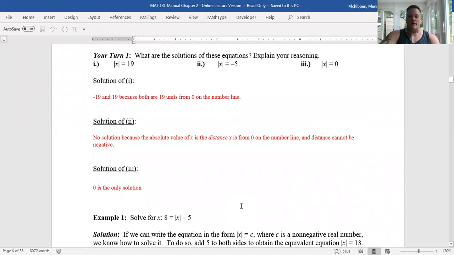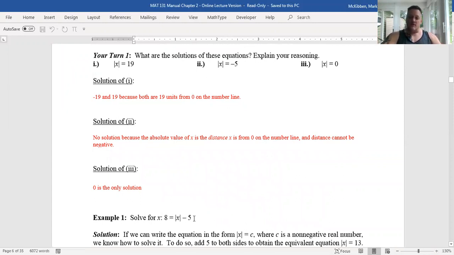For example 1, if we can somehow write an equation involving the absolute value of x, or some expression involving x, in this form, the absolute value of something equals a number, then we can use the previous three cases to get rid of the absolute value and tell us what the solutions have to be.